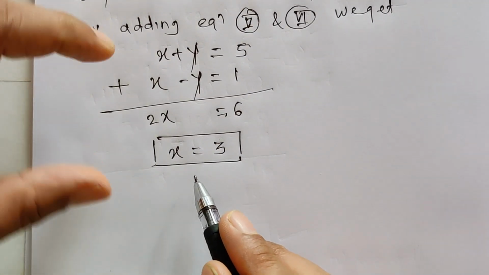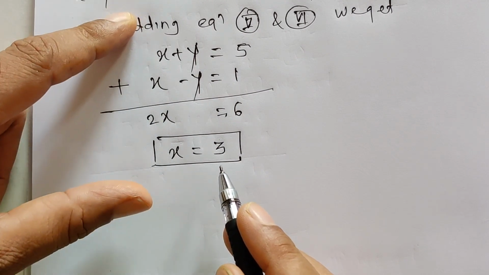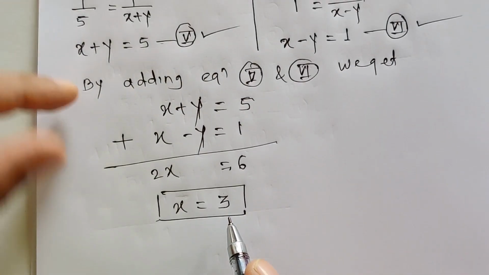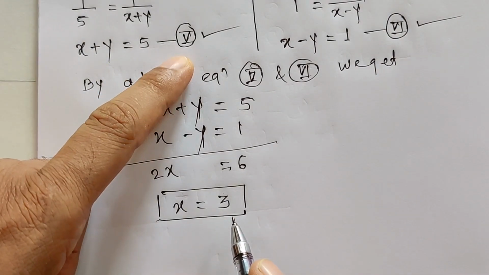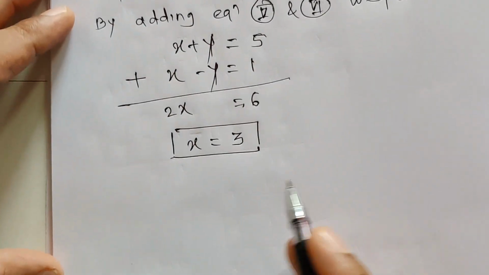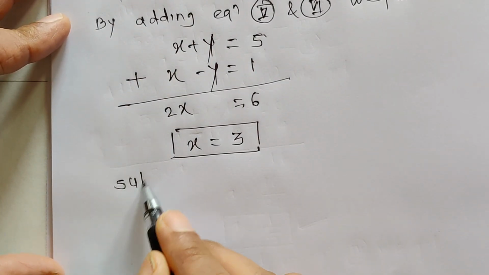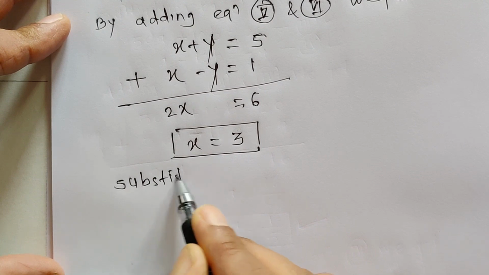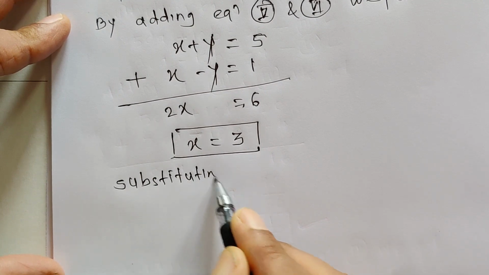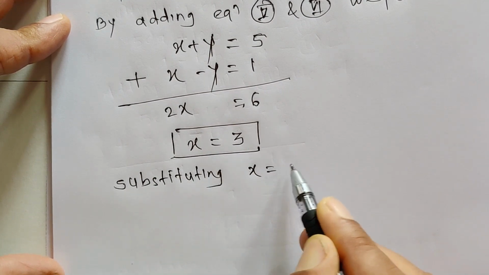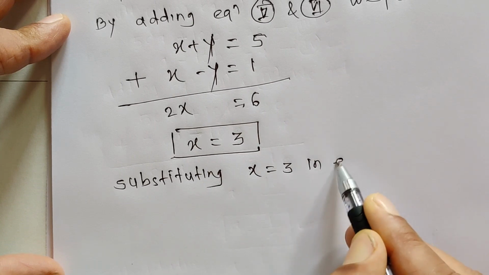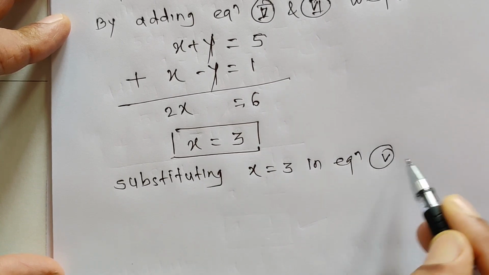Now substitute this value in equation number 5. Equation number 5 is x plus y is equal to 5. So substitute x is equal to 3 in equation 5.